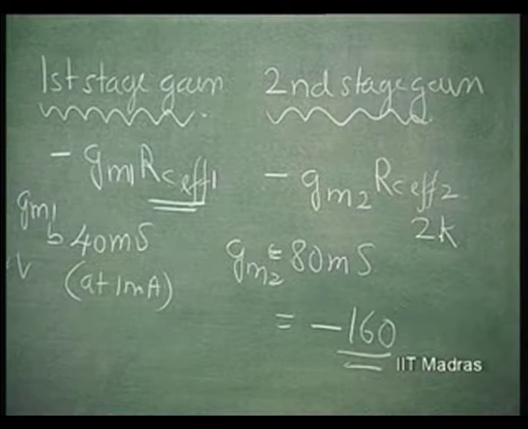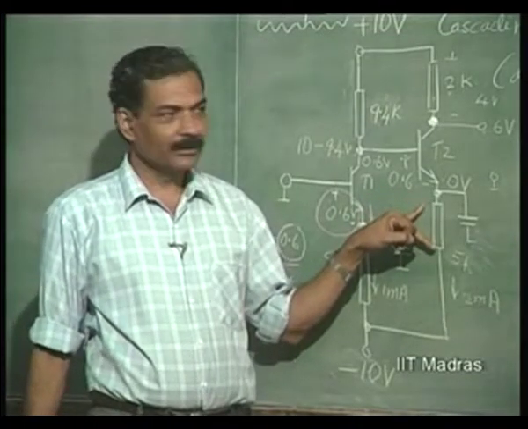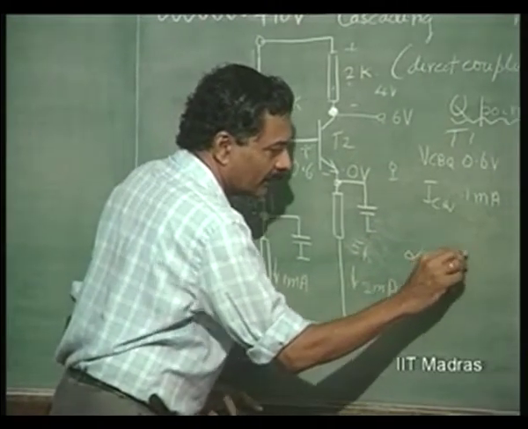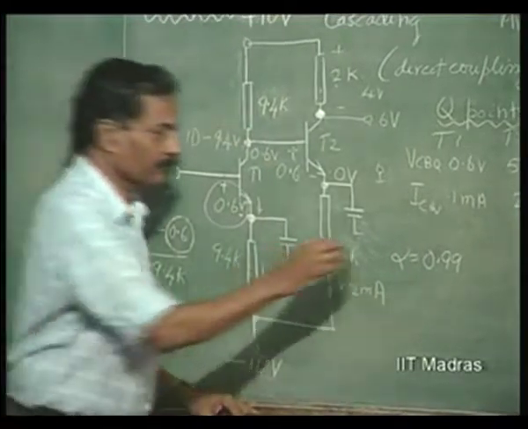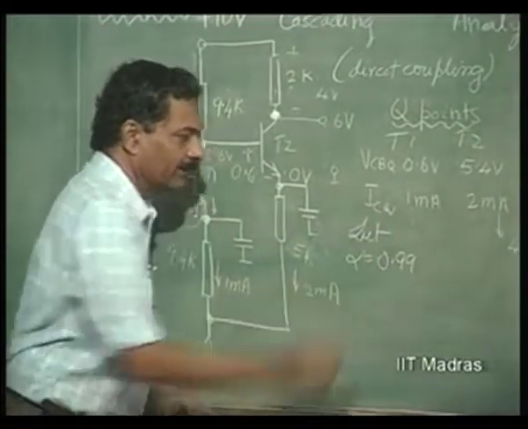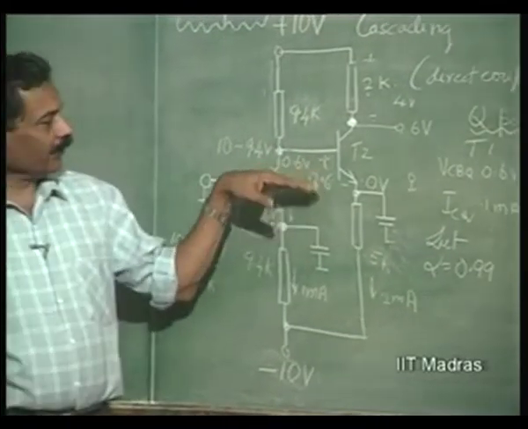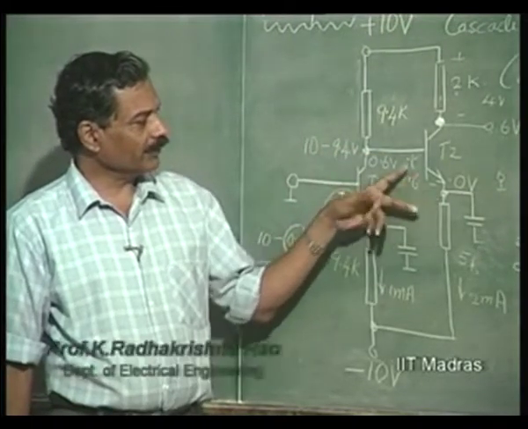The first stage is loaded by the second stage input impedance. Therefore, let us take alpha as 0.99 now. Let alpha be equal to 0.99. So, the second stage is loading the first stage. What is the load?